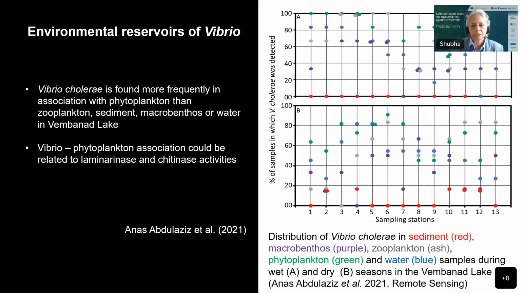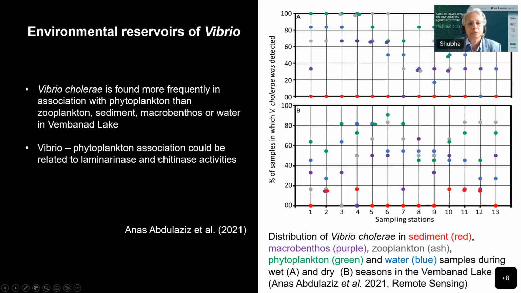In our own studies, Anas, who is in the panel today, and colleagues reported that in the Vembanad Lake, Vibrio cholerae, which is labeled here in green, was found more frequently in association with phytoplankton than any of the other reservoirs that were examined, whether it was the sediment in red, macrobenthos, animals in the bottom of the water, zooplankton, or water itself.